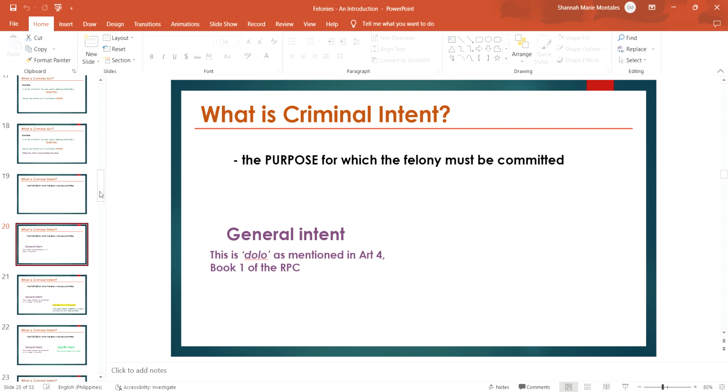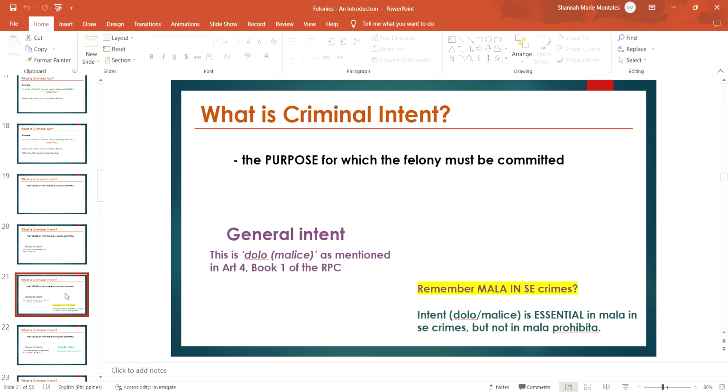Pero na-mention din siya sa Article 3. Okay? Article 3 ng RPC. This is the criminal intent. So remember, mala-inse crimes. Sinabi natin, di ba, yung mala-inse, these are crimes that are inherently wrong, inherently immoral. So, intent is, pag sinabing intent, dolo or malice. Okay? Malice is essential in mala-inse crimes, but not in mala prohibita.